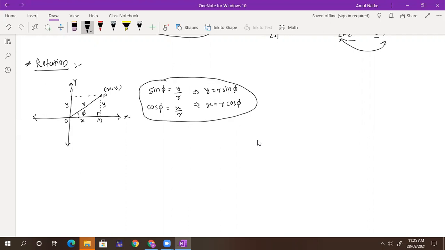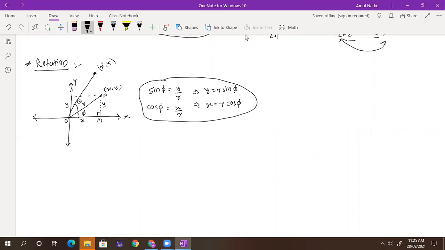Now what I'm going to do is take my point X comma Y and rotate that point by some angle theta, somewhere here. I call this my X dash comma Y dash.